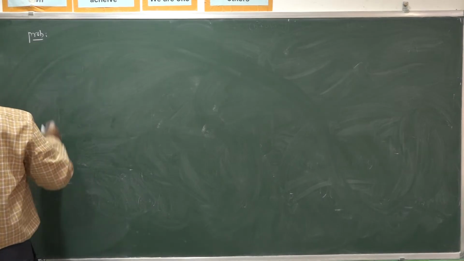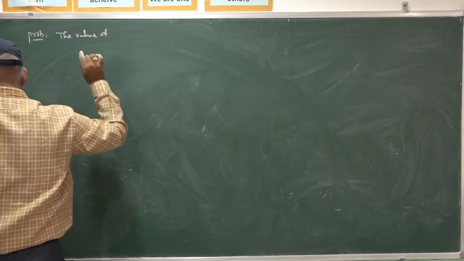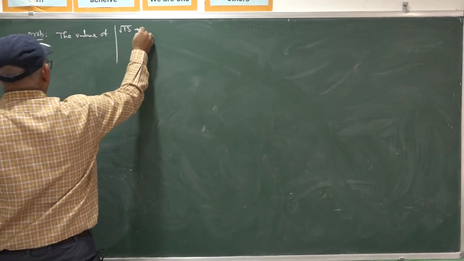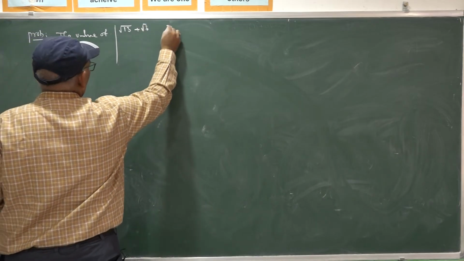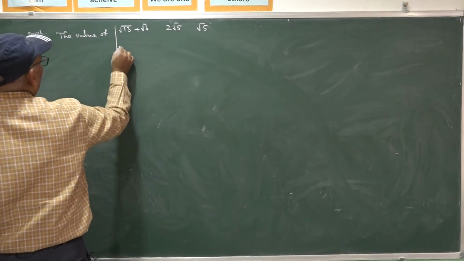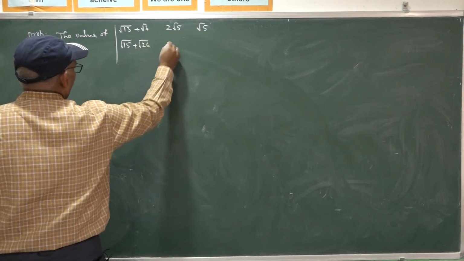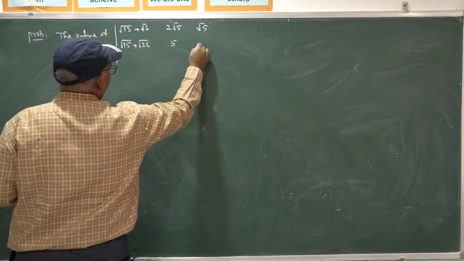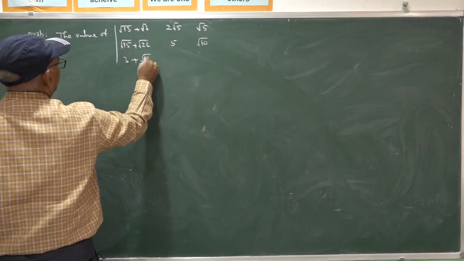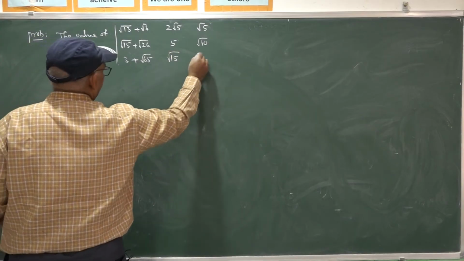The value of the determinant root 13 plus root 3, 2 root 5, root 5, root 15 plus root 26, 5, root 10, 3 plus root 65, root 15, and this is pi.